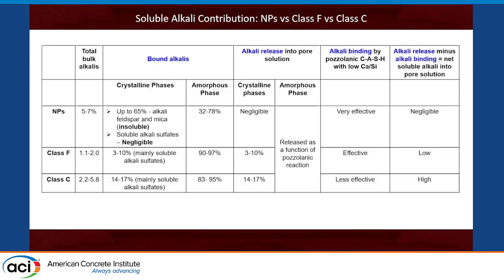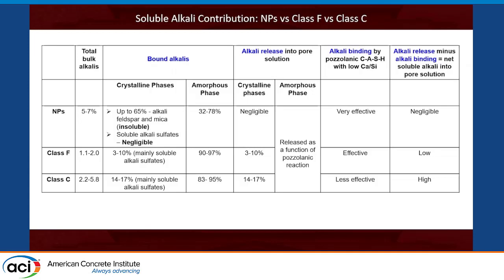Alkali binding means what? The pozzolanic reaction produces extra additional hydration product where the calcium to silicon ratio for the natural pozzolan is pretty low. So alkali is coming from the amorphous phase into solution, but at the same time it's bound by the phase, so the net effect is very minimal. As a result, the alkali release minus the alkali binding equals the net soluble alkali contribution.